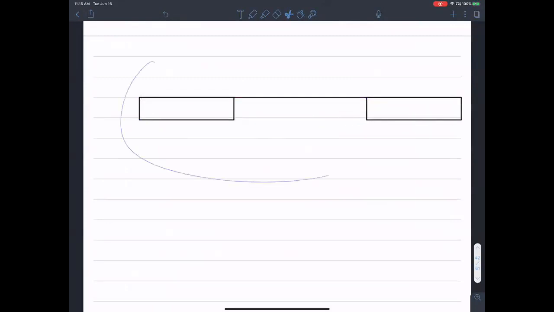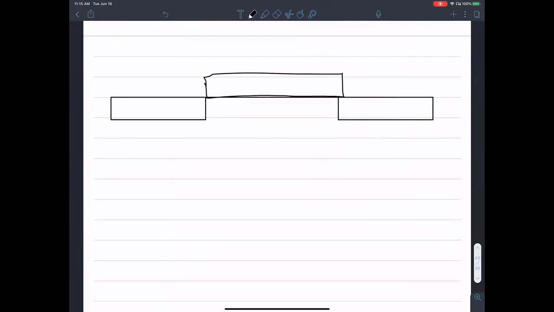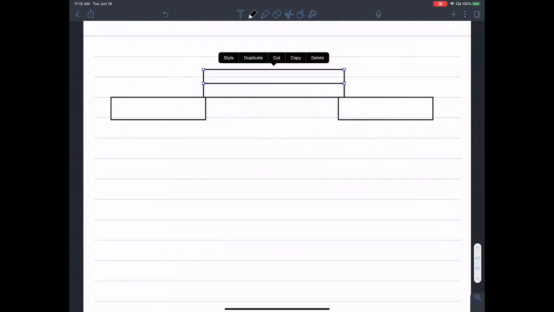I'm going to move all of this like so. And then there is that guy, there is this guy. Here is the gate, that's the metal, and here is the oxide.